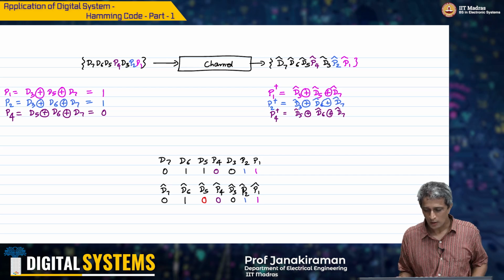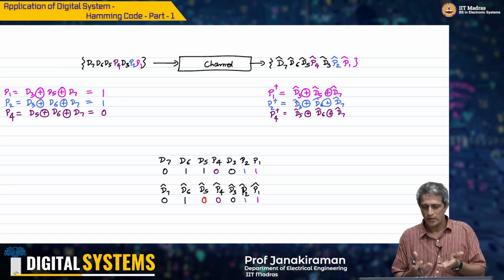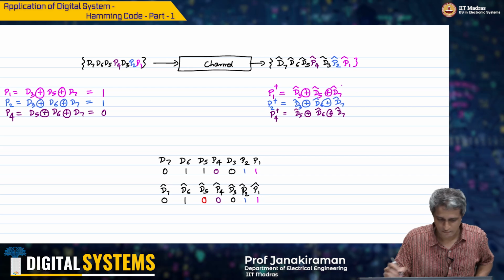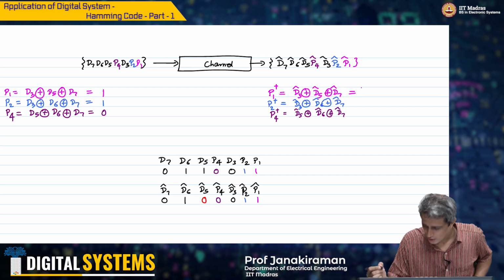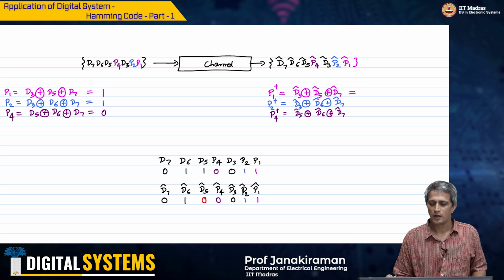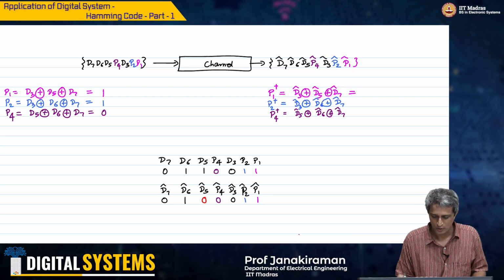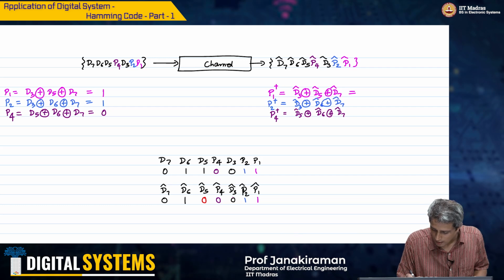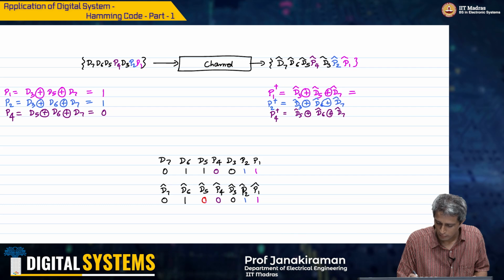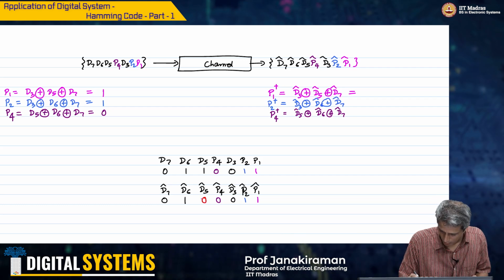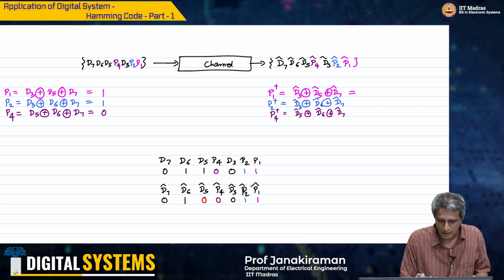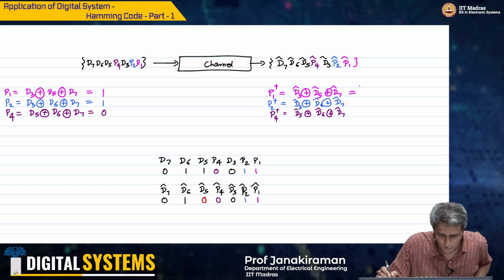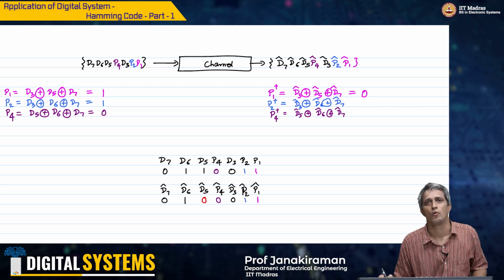Okay. So what we are going to do now is calculate these values. This is going to be D3 hat XORed with D5 hat and D7 hat. So what is D3 hat? It is going to be 0. D5 hat is going to be 0, and D7 also is 0, and therefore the XOR of this will end up being 0.